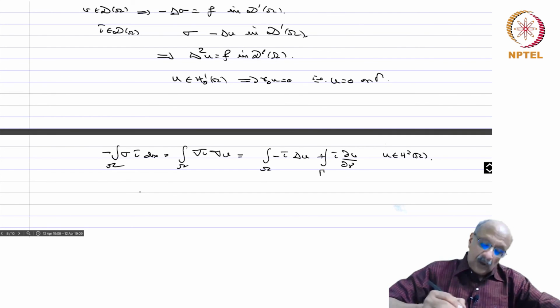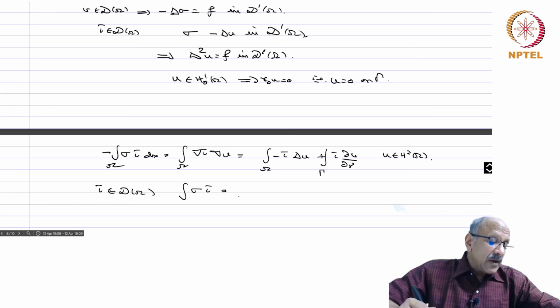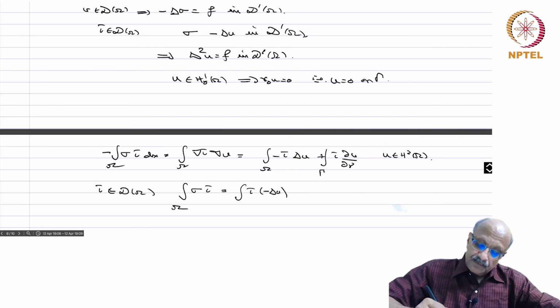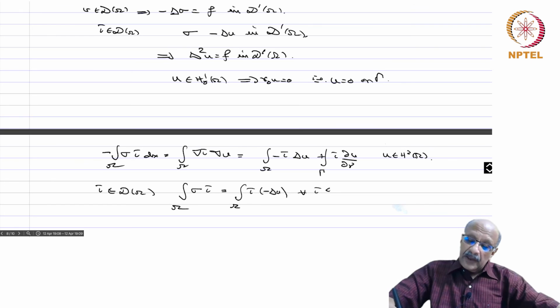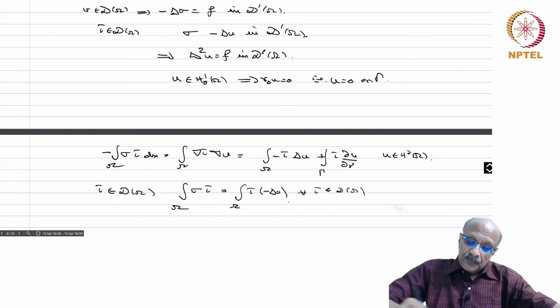And therefore, now if you take tau in D of omega, you get that integral sigma tau equals integral over tau of minus Laplacian u for all tau in D of omega, and therefore this is now completely an L2 situation, and this implies that sigma equals minus Laplacian u in L2 of omega.